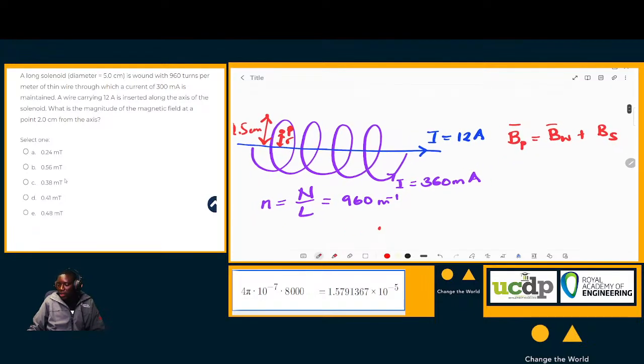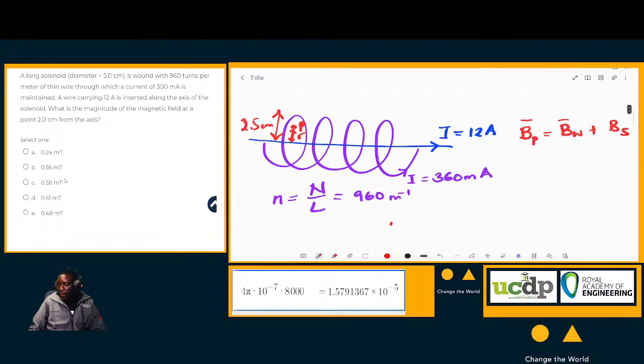Now take note, the B due to the wire, if the current is flowing in the wire from left to right in the direction shown, then the field at point P is out of the plane. So B at point P due to the wire, BW, is out of the plane. That's for the direction.